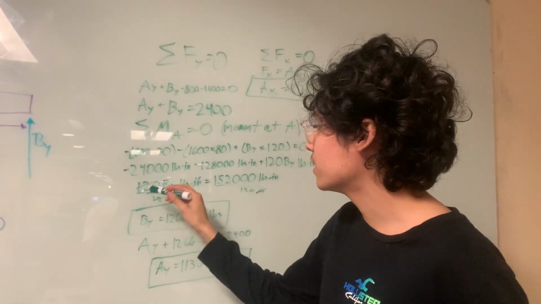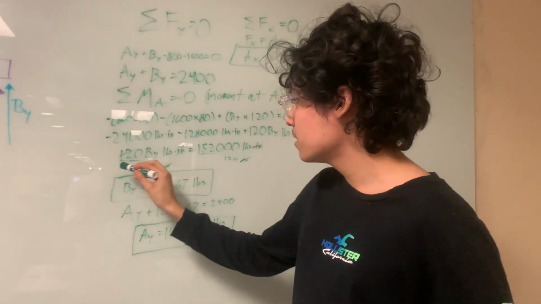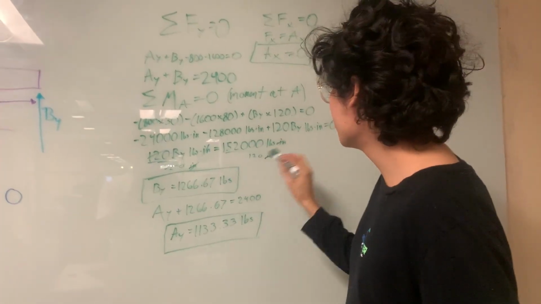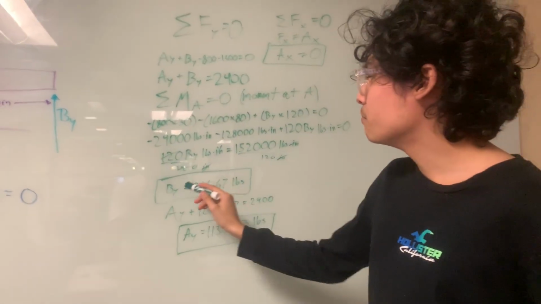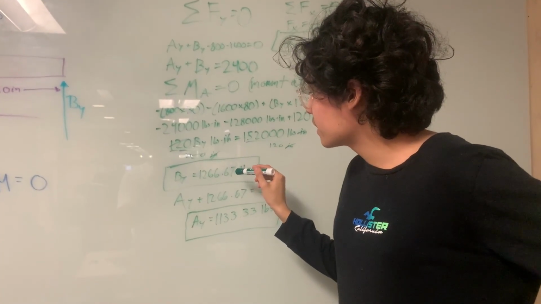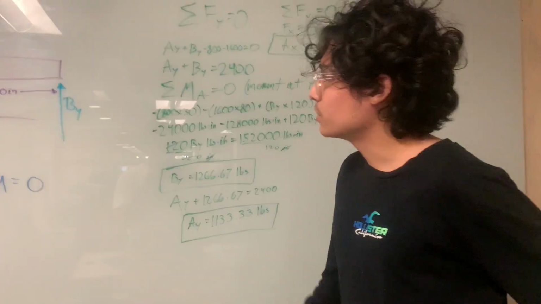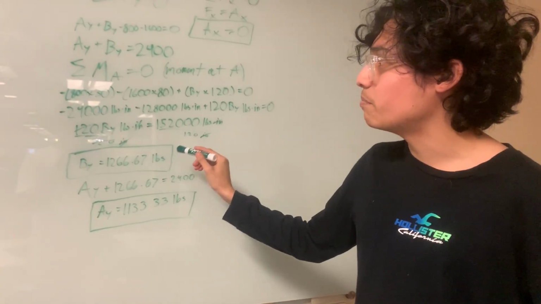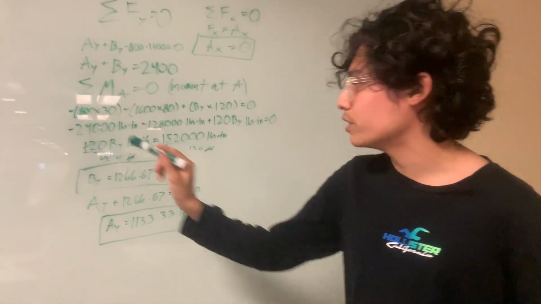Now we can divide out 120 inches on both sides. We cancel the 120 on the left, and we cancel the inches measurement on both sides, and we get B of Y is equal to 1,266.67 pounds, which means that there is 1,266.67 pounds of force being applied upwards at point B.